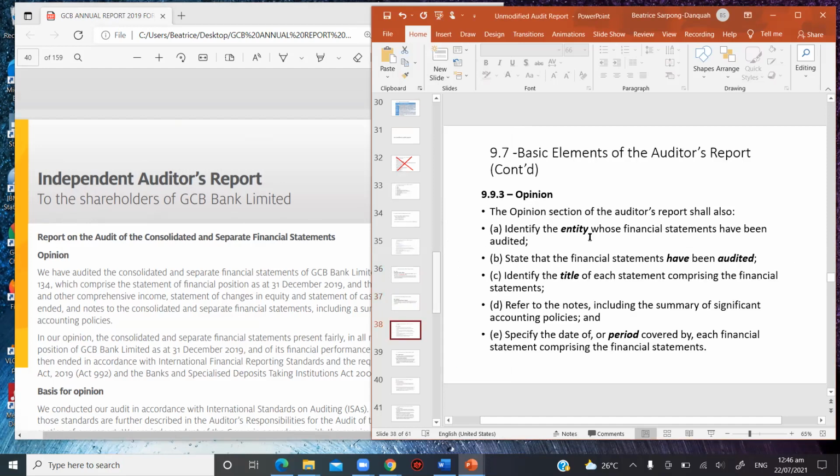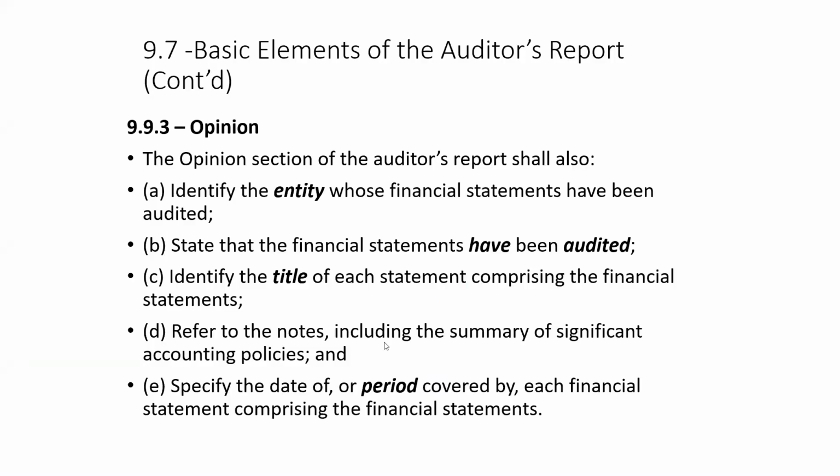The next step is what? The opinion. The next element is the opinion paragraph. In the opinion paragraph, it identifies the entity whose financial statements have been audited. It also states the financial statements that have been audited, and it identifies the title of each statement comprising the financial statement.